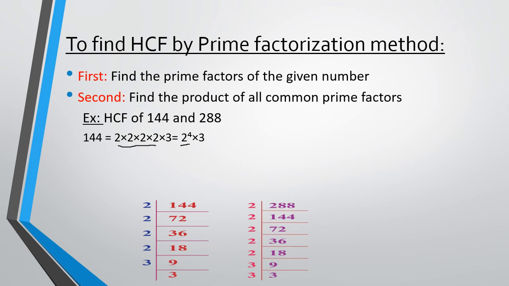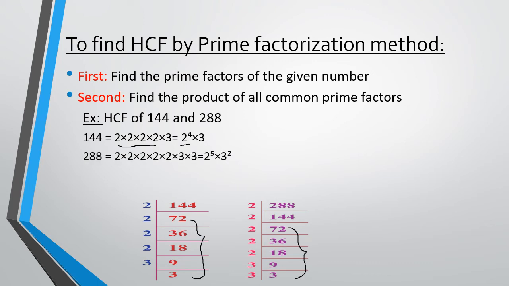Next, we are going to find the prime factors of 288 using the same division method. You divide 288 by 2 and then you get 144. Then you divide 144 by 2. I'm getting 72. And the remaining steps are all the same as from 72. The same factors repeat.